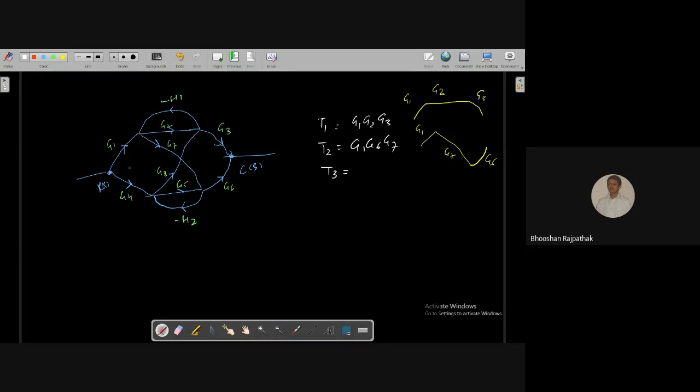Now we have exhausted this path. Now we will try this path. So G4, G5, G6. So the path is G4, G5, G6.